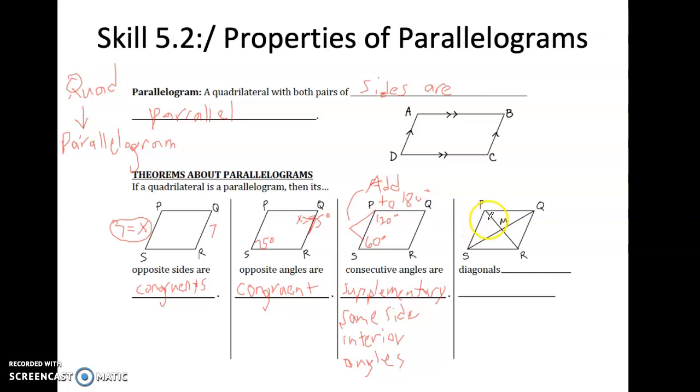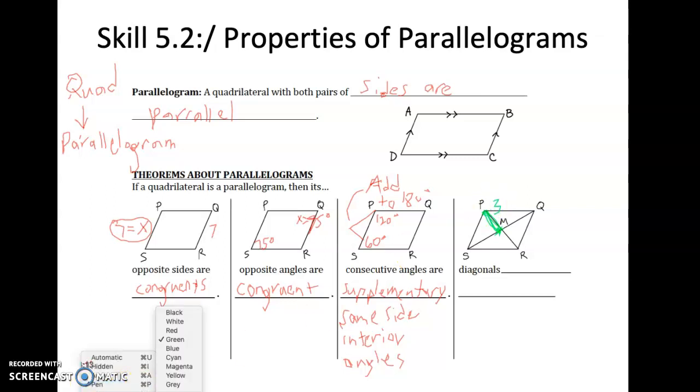And then the last property concerns diagonals. Let's say that this piece of diagonal, I'm just going to get a different color pen here, maybe we'll use this green part, just going from P to M, measures 3.